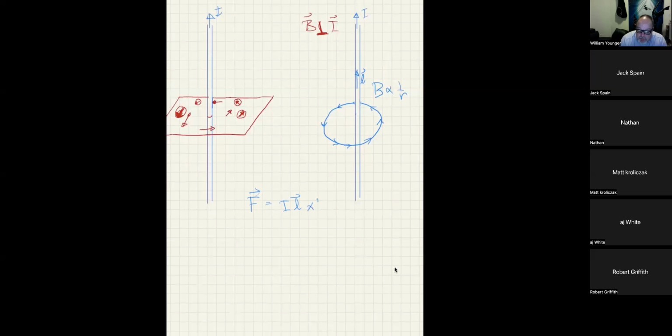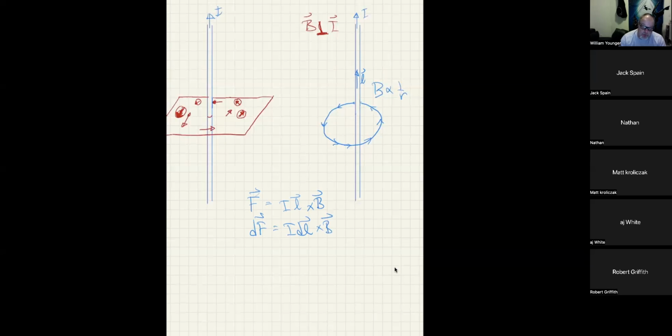Then you take a cross product of that with the magnetic field, and that gives you your force. In case your current carrying wire isn't straight, you could say dF is equal to I dL cross B, and that would allow you to determine the force as well.